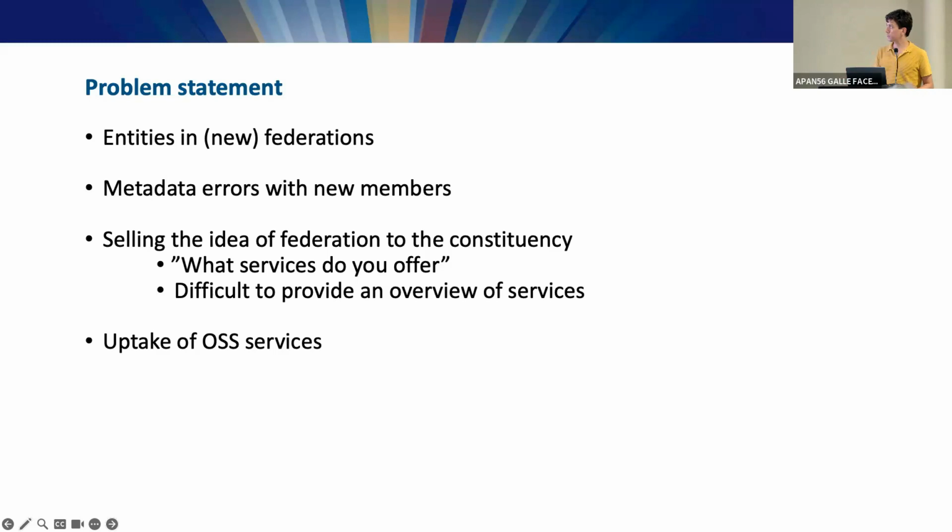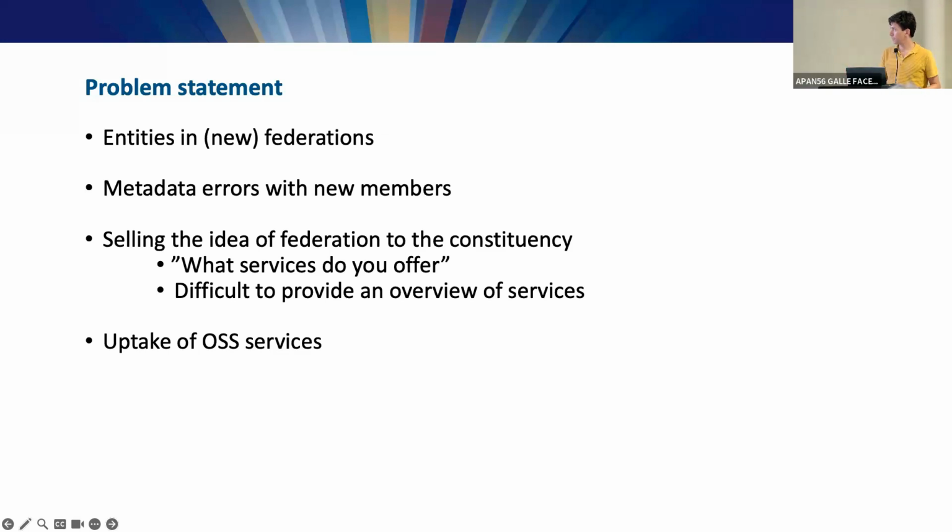Historically, it has also been proven that it's very difficult to provide a good overview of all the services in eduGAIN. There are tools, but you really need to know what you're looking for. It's really hard. We have looked into creating a service catalog many times. Although it's doable, it's really hard to maintain it, and to get all the proper information from service providers about their services and which services are actually available for your federation.